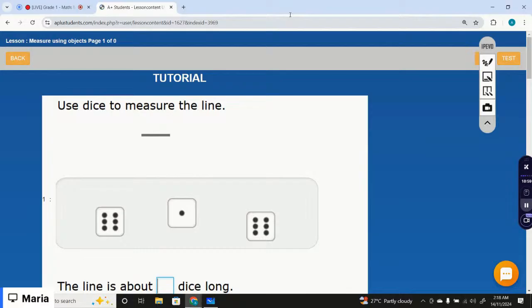Use dice to measure the line. Basically, you have to measure the length of things using other things, right? For example, you need to measure the length of this line, but you have to measure it using the dice. You need to see how many dice long it is, right?